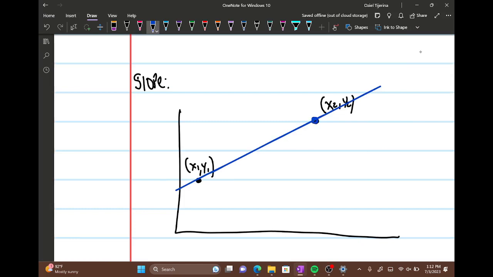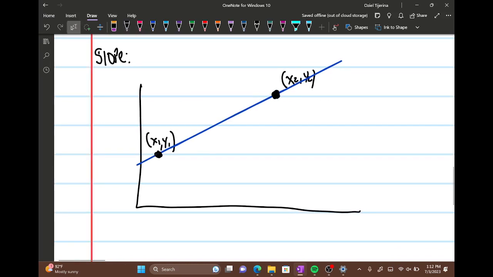A linear, you know, a line here, and we're gonna define what slope is here. So basically, we have 2 points. One of them is x1, y1, which is right here, and the other is x2, y2.